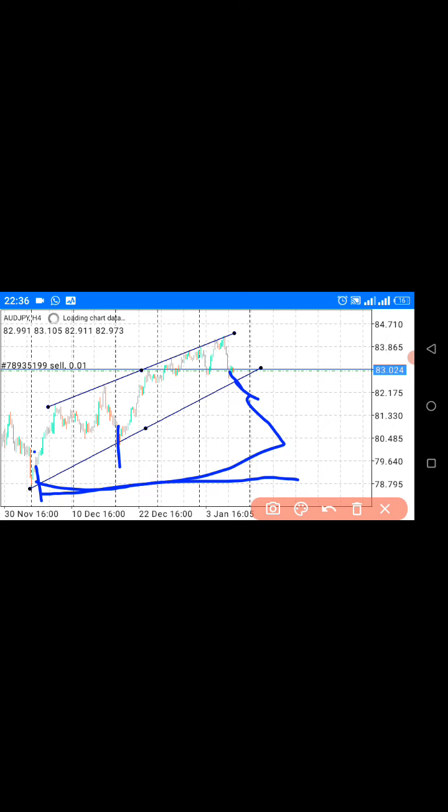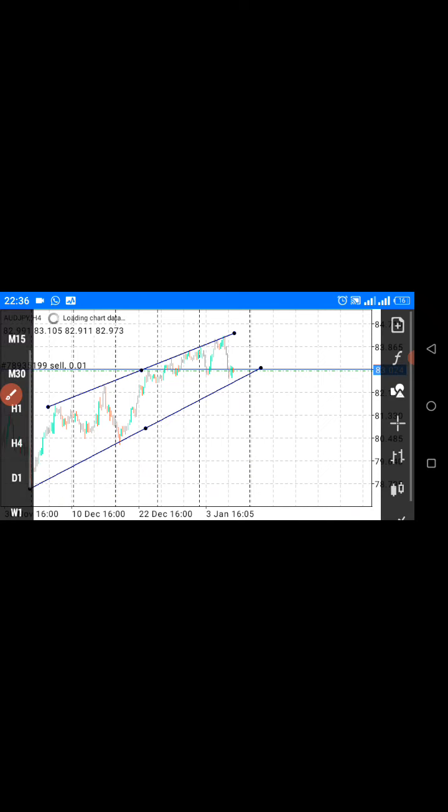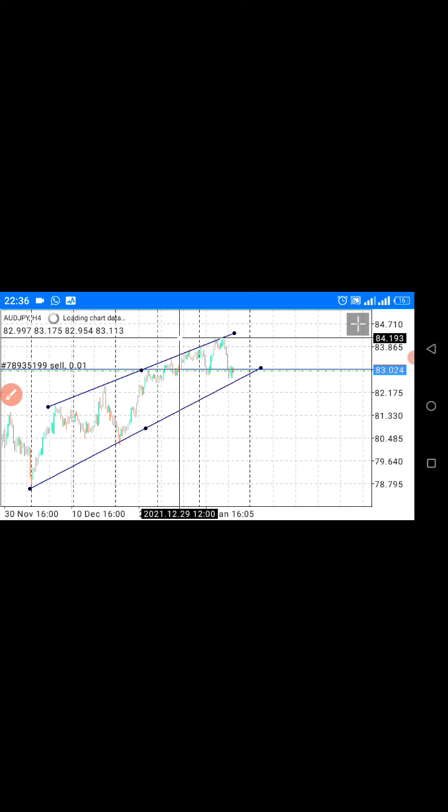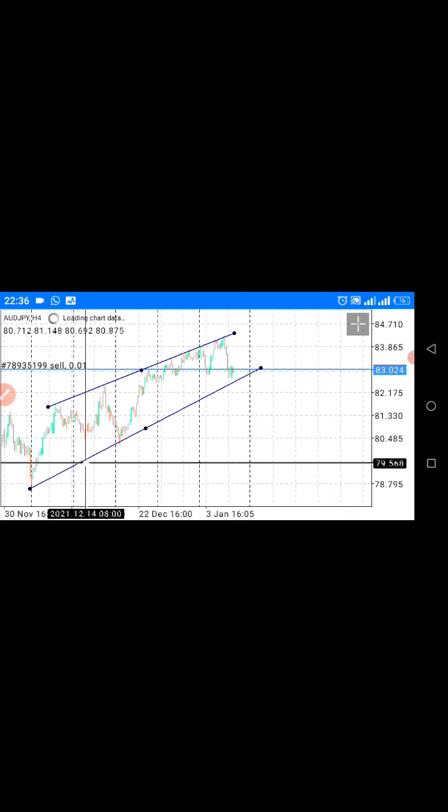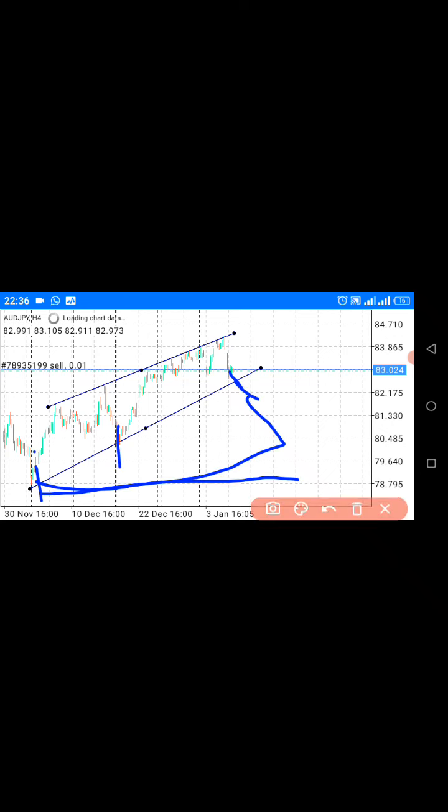If you look at this movement, if we were here from this place and eventually this movement confirmed, you can see it from this place to this place. It's a very nice movement to capitalize on, a very nice pattern if you see any in your chart. So start looking for ascending channel or descending channel.